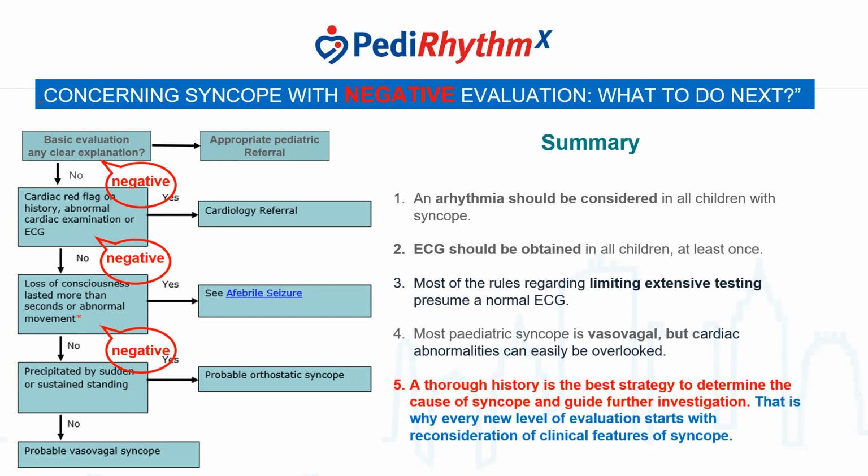Most pediatric syncope is vasovagal, but cardiac abnormalities can easily be overlooked. A thorough history is the best strategy to determine the cause of syncope and guide further investigation. That is why every new level of evaluation starts with reconsideration of clinical features of syncope.